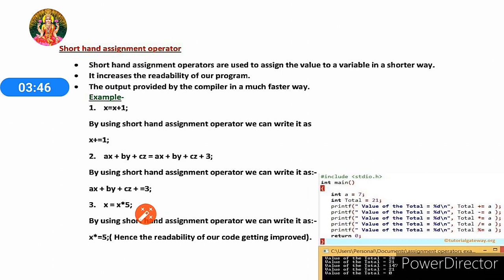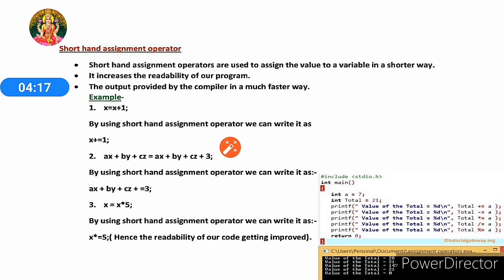Now taking another example, x equals x into 5. I think you have already developed an idea of how to write it using the shorthand assignment operator. It is written as x into equals 5. Hence the readability of our code is improved. Now students, you are learning only the basics here.